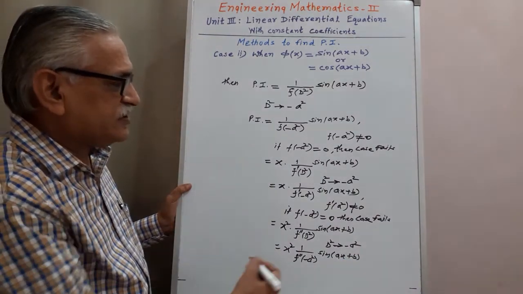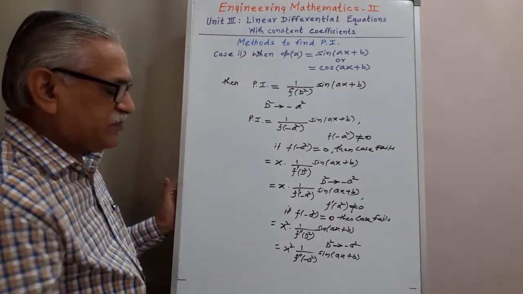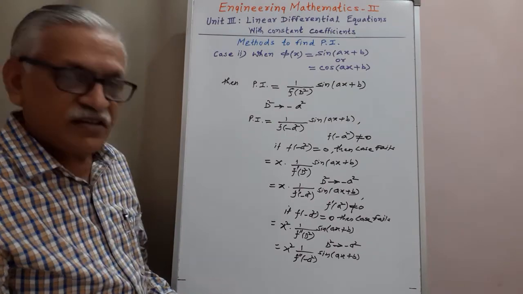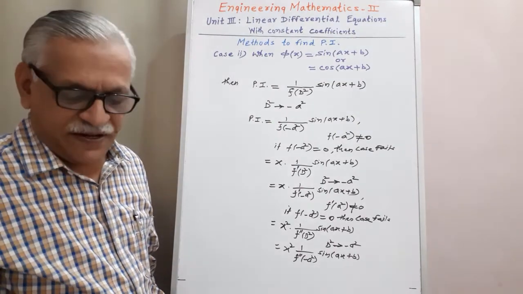We have to continue this process till we get some non-zero term in the denominator. By this way we can determine the PI.